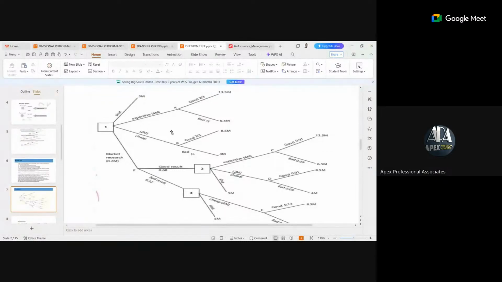When you make a decision that is cheap, a decision of cheap refurbishment, you will incur a cost of 2 million. Take note of this cost, because for your expected value, you deduct all the costs you incur, because the decision you have to make will depend on the result with the highest value.